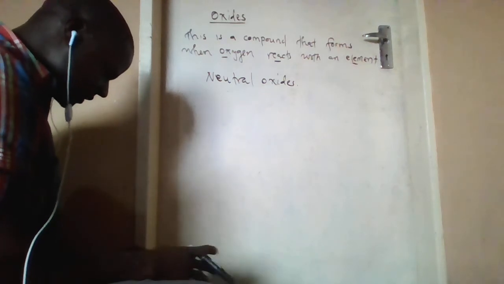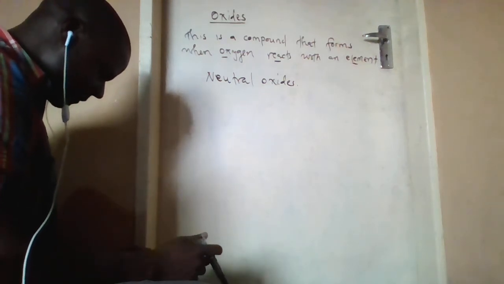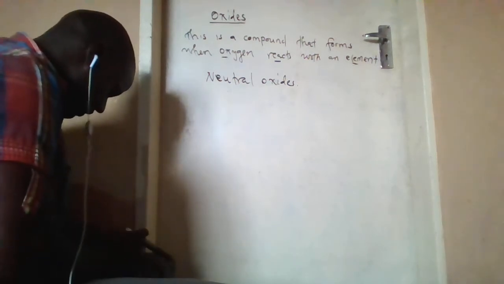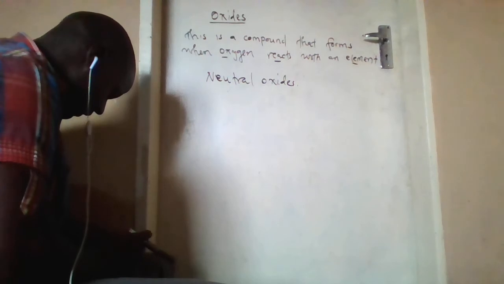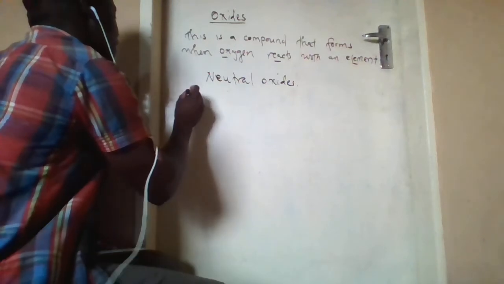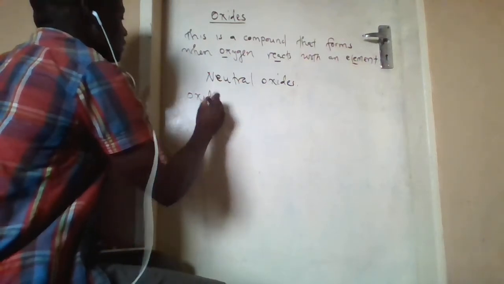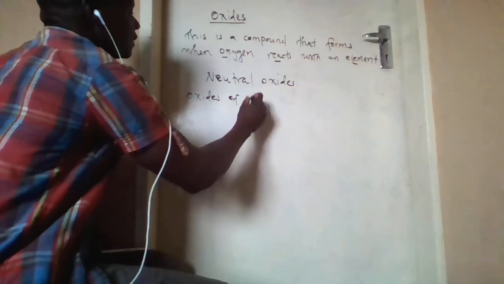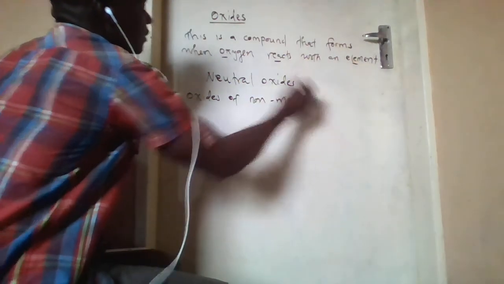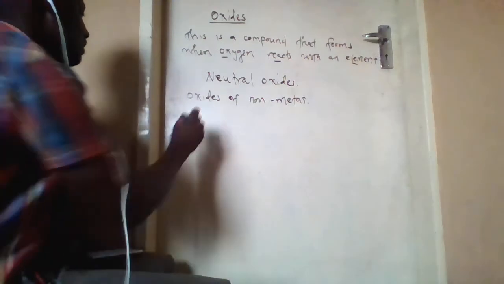So what are examples? Maybe let me try to write them here. We are saying that these neutral oxides are oxides of nonmetals.